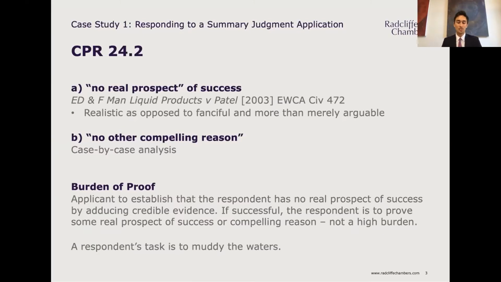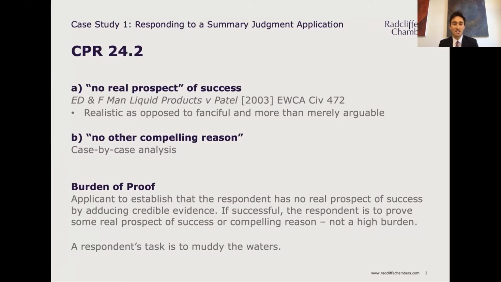on in the talk. Now, there's a note there at the bottom of the slide which talks about burden of proof. And this is important. Again, this comes from the ED&F case at the top of the screen. But it's for the applicant in the summary judgment application to establish that the respondent has no real prospect of success by adducing some credible evidence.